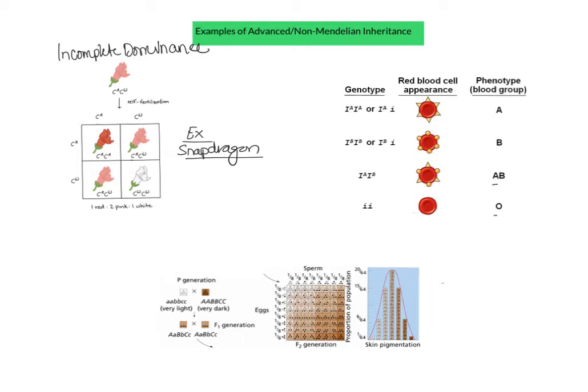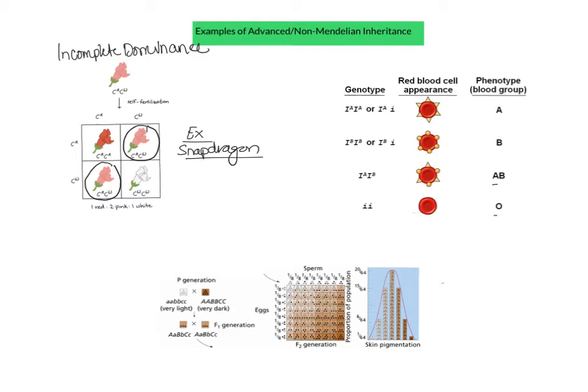And what this means is that in normal or simple Mendelian inheritance, the phenotype of the heterozygous and the homozygous dominant offspring will all be the same, since they each have at least one dominant allele and therefore they'll show the dominant phenotype.